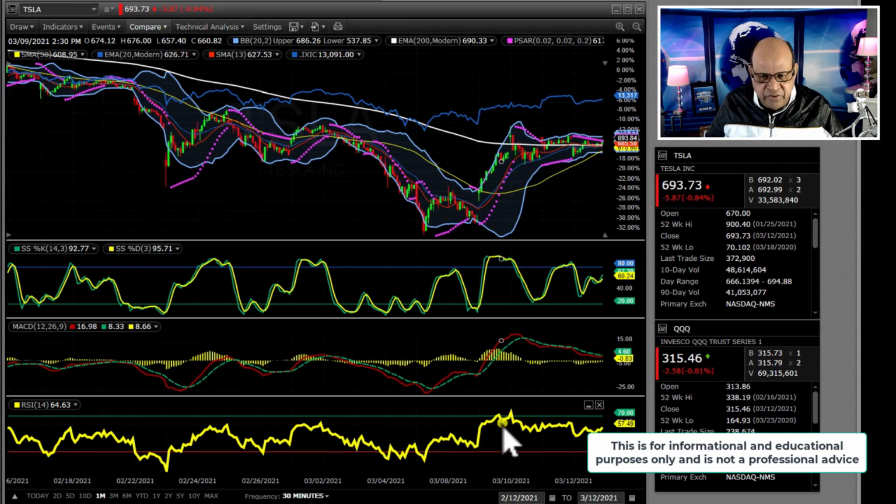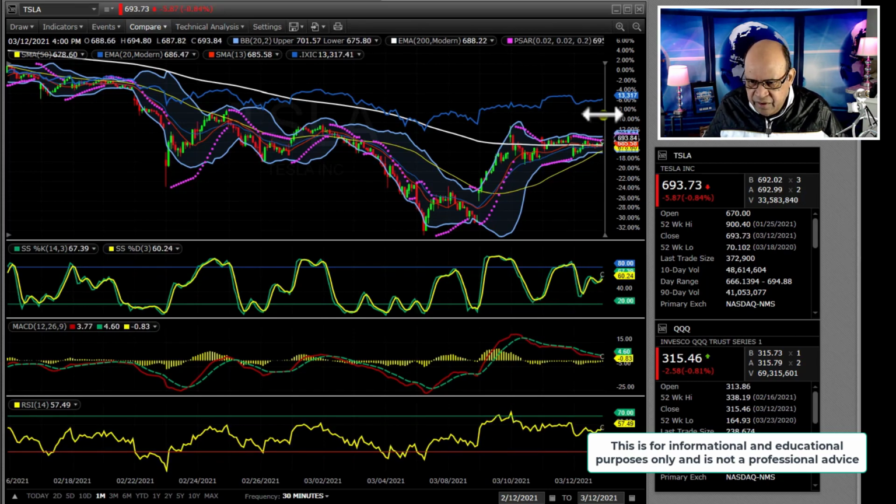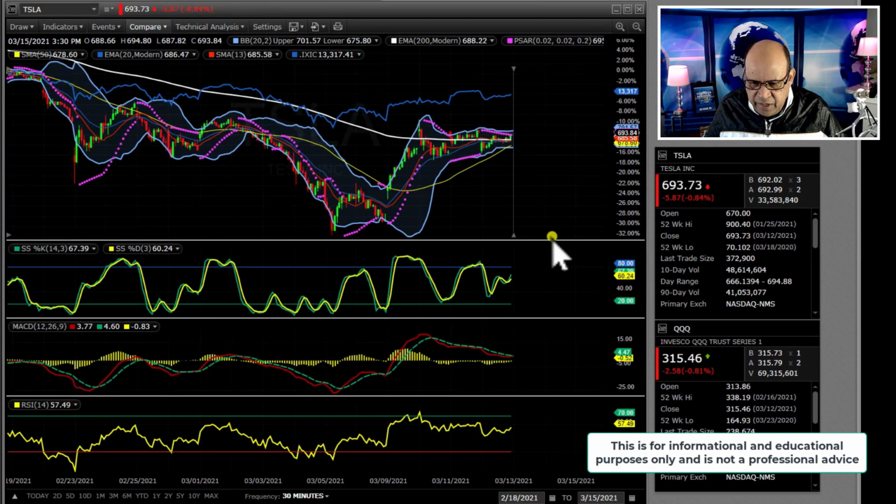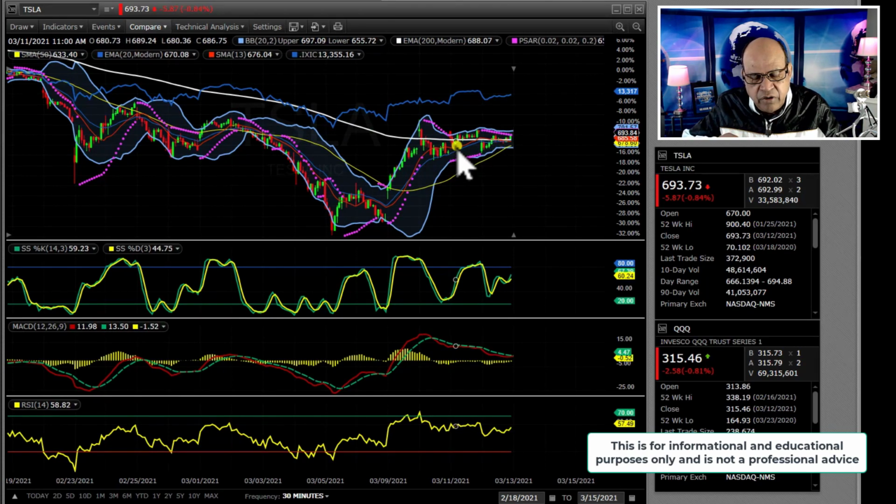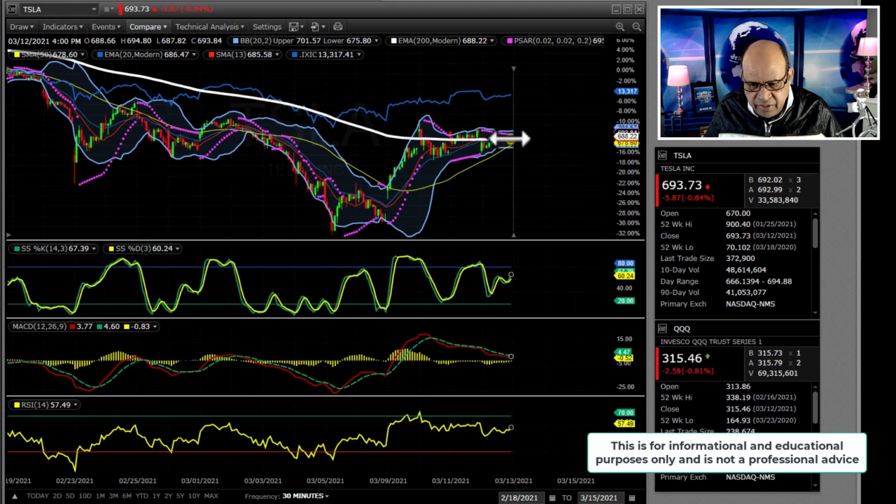I hope this has given you some insight as to where we are and what would be a good entry point. And when the Bollinger Bands become narrower, it's called the squeeze, or it is sort of a consolidation. After that, I would rely on these indicators to tell me whether it's a good point to enter or short the stock.